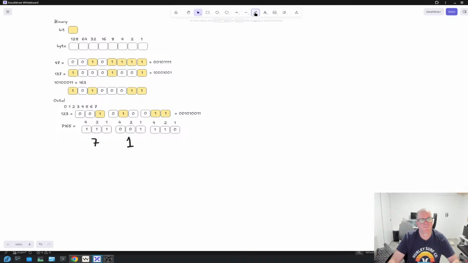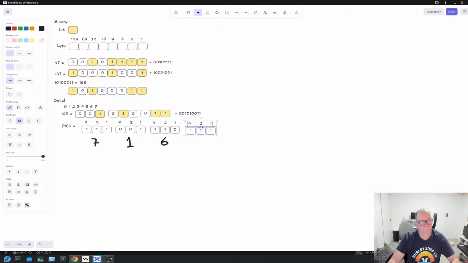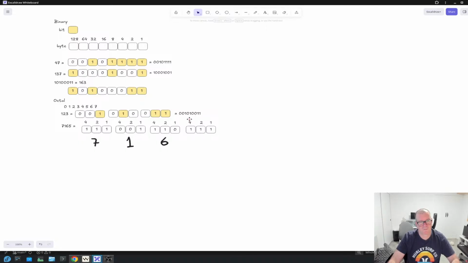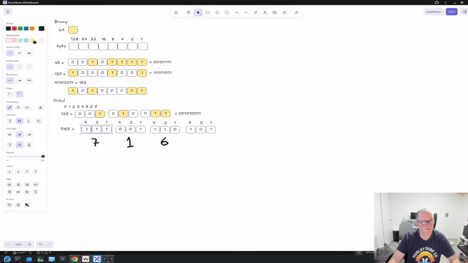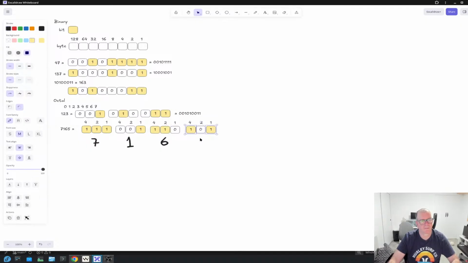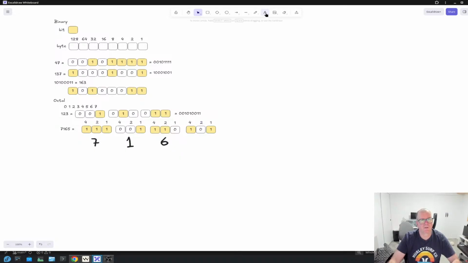So this will be 6. And then 5. We can easily see as well, 5 will be 4 and 1. So the middle will be 0. If I want to match the colors so everything looks nice, this will be on, those 2 will be on, and those 2 will be on. And this one will be 5.